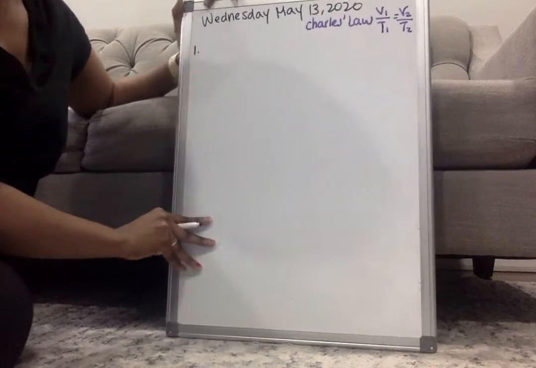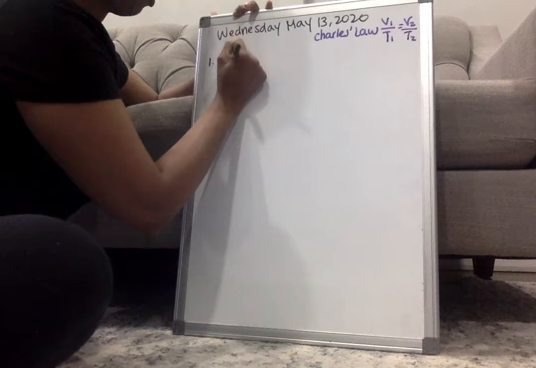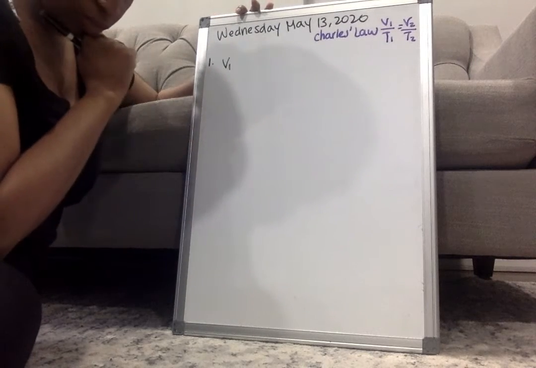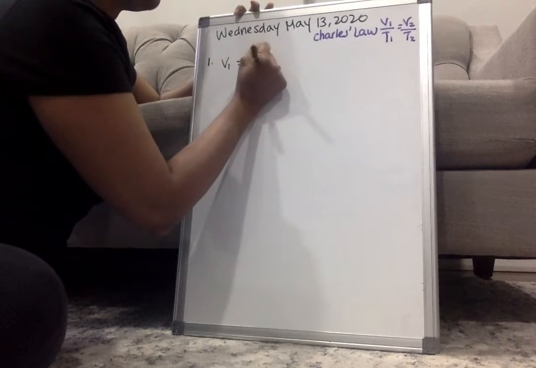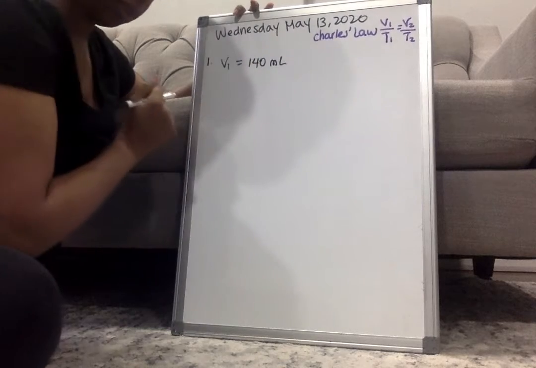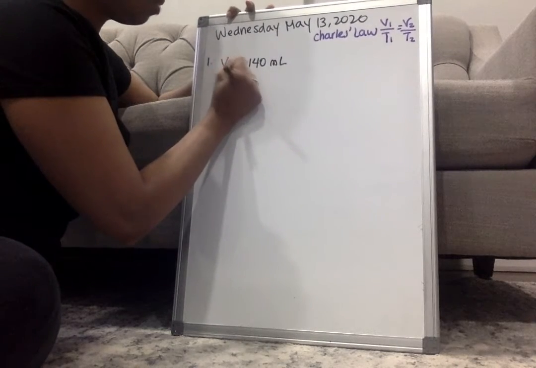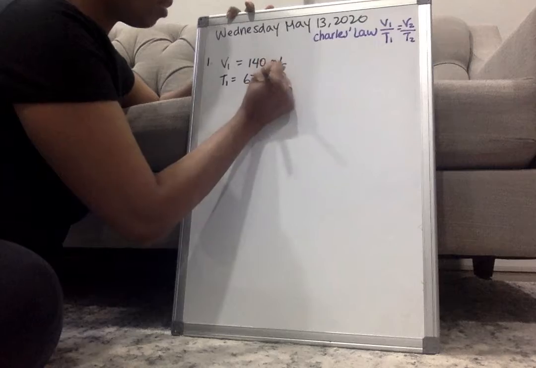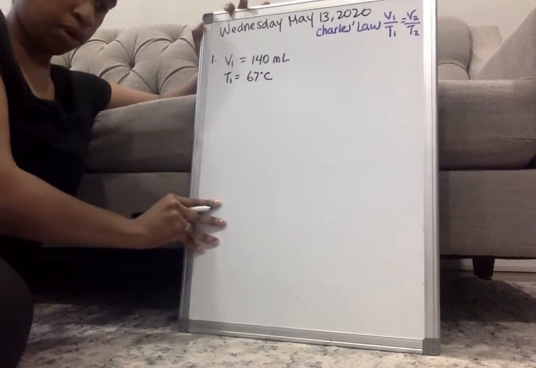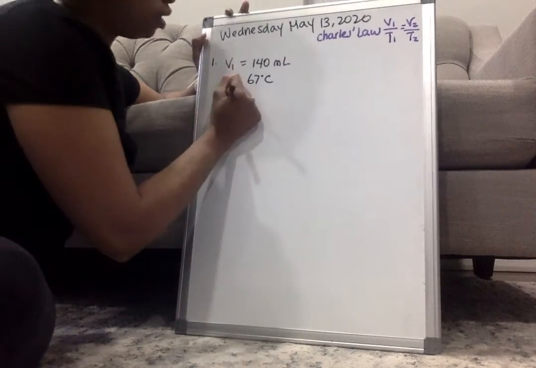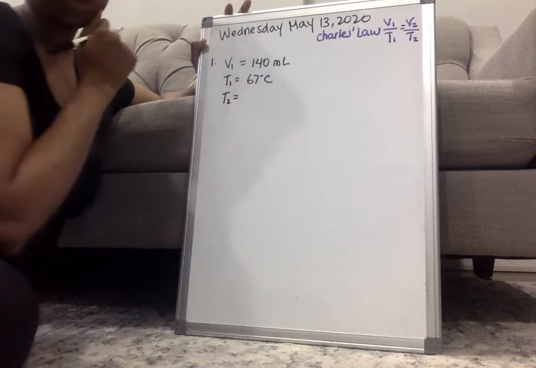Okay, so we have a volume, V1, and that's 140 milliliters. And that temperature, T1, is at 67 degrees Celsius. Now the question asks, what would the temperature be? So we're solving for T2.